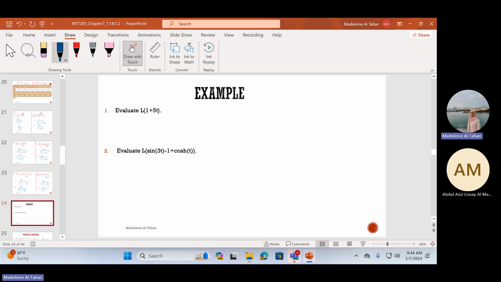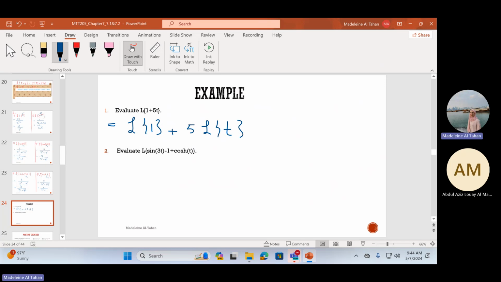So 1 plus 5t, the first one. So it's the Laplace of the first plus. So this one is equal to what? Laplace of the first plus 5 Laplace of t.